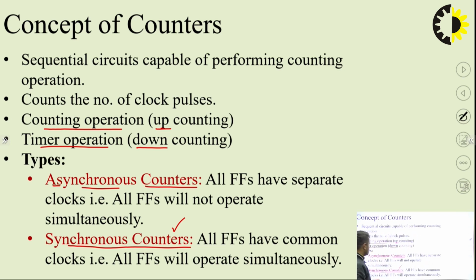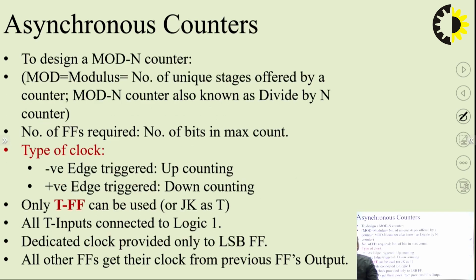So now let's proceed to the details of these asynchronous counters. If we are interested in designing a mode n asynchronous counter, first of all we must be aware of what the mode of a counter is. Mode means the number of stages that the counter will be going through.